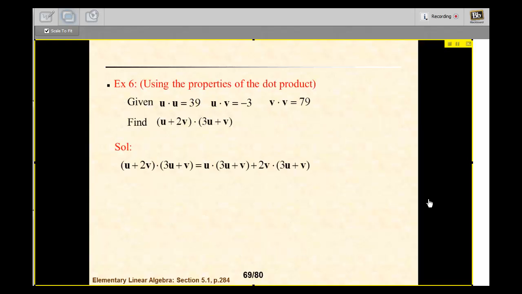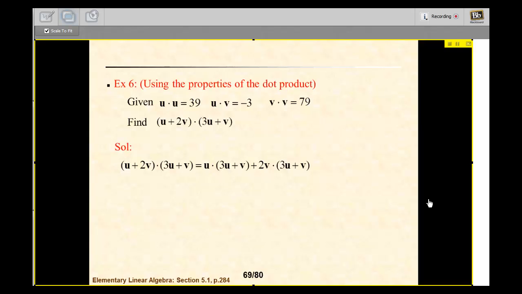The next question is: using the properties of the dot product, given u dot u is equal to this, something u dot v, and v dot v, find u plus 2v dot 3u plus v. Some rules are given, and you have to find the value of this combined statement.